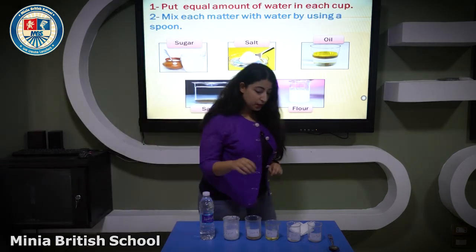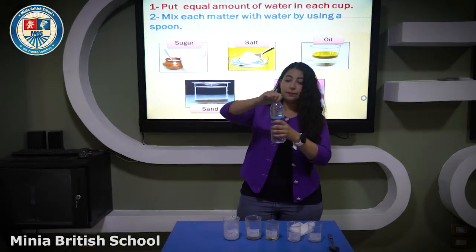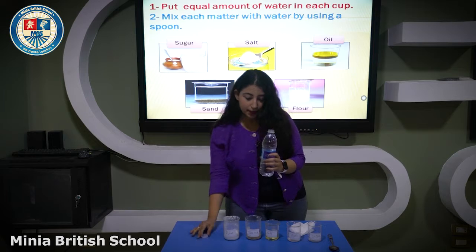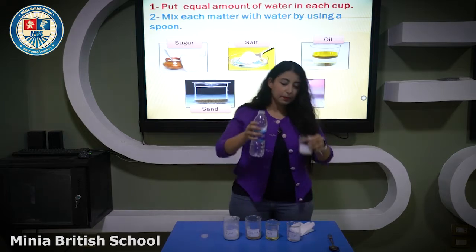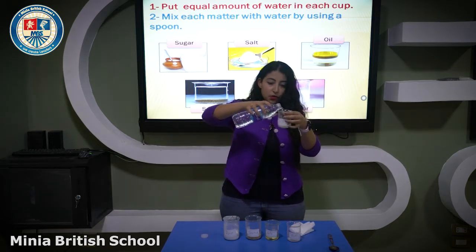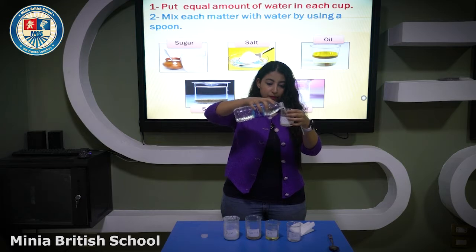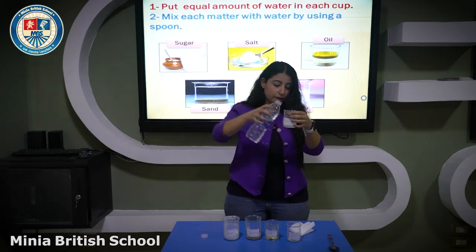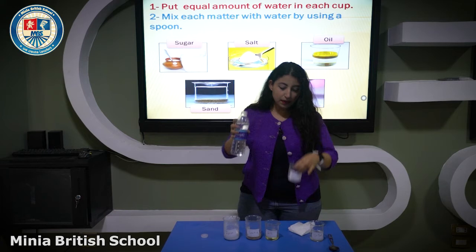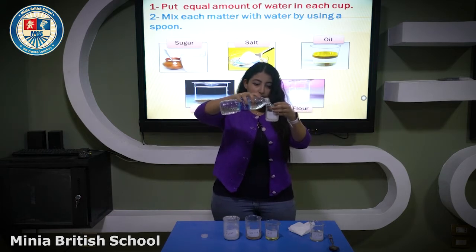Number 1, put equal amount of water in each cup. First cup, the sugar. Second cup, salt.